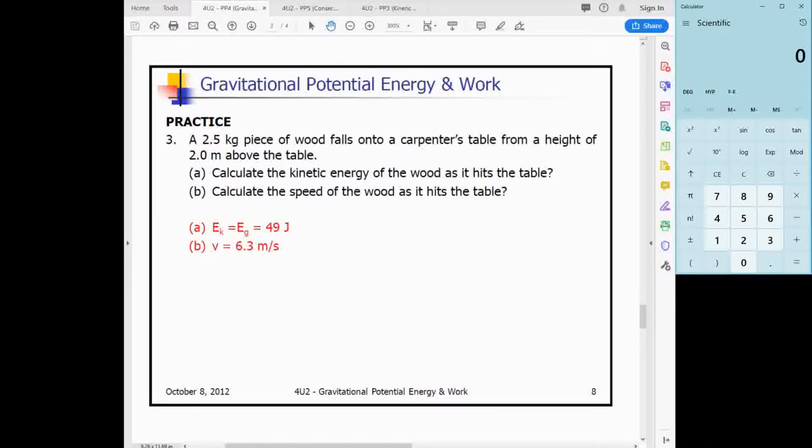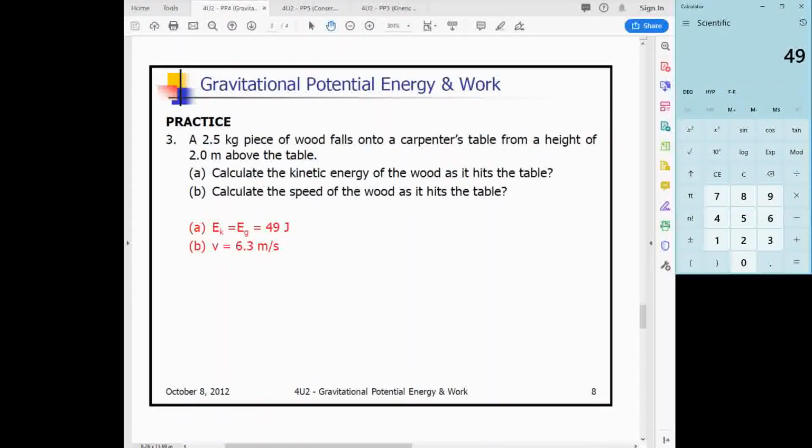So let's find out what the gravitational potential energy of the object is. It's m times g times h. That's what its height was. So its gravitational potential energy is 49 joules. So the kinetic energy at the end of its fall would also be 49 joules. That's because all of that potential energy has turned into another form of energy, which is kinetic energy.